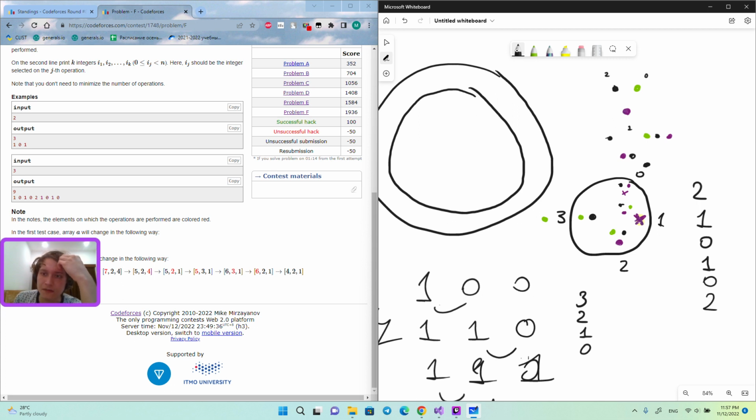What I need to do next is to eliminate... okay, the problem that I have is that I want to eliminate both purple and black.